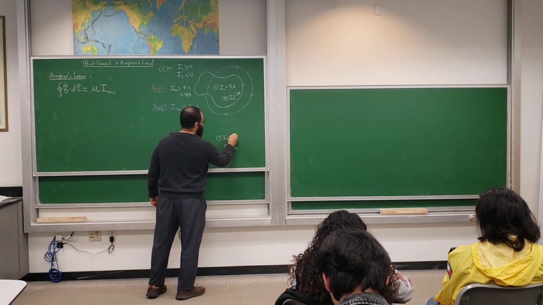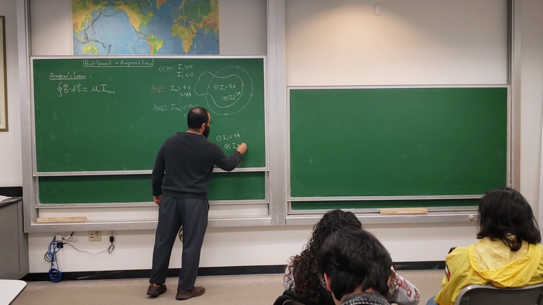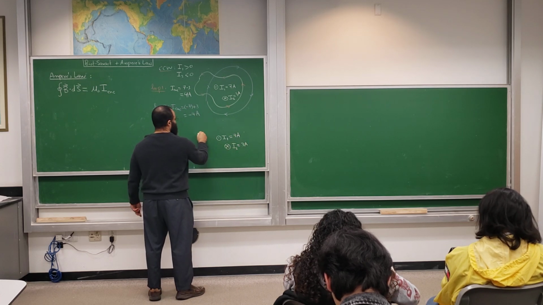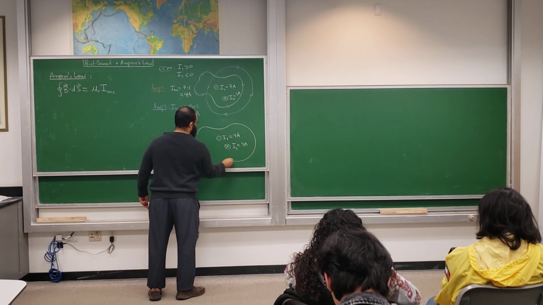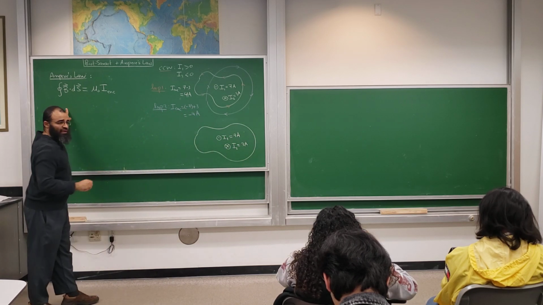I2, this again 7 amps, this one here 3 amps, and I'm going to choose a loop that looks something like this, okay? So now we're going to check the left-hand side.